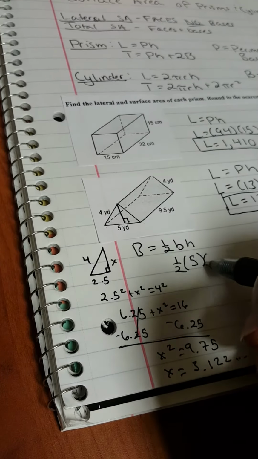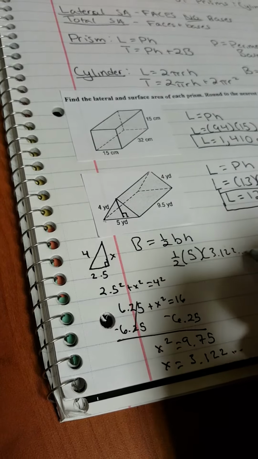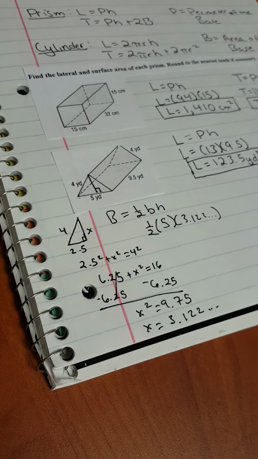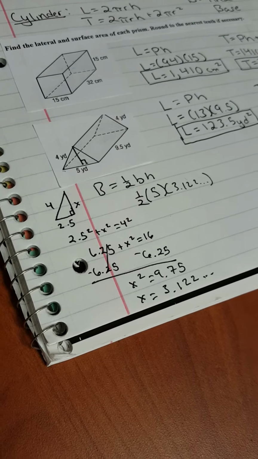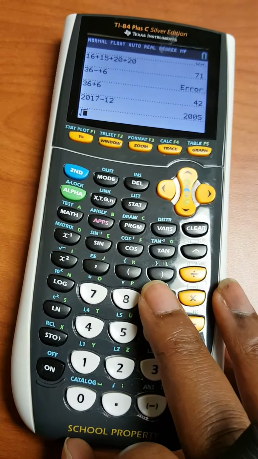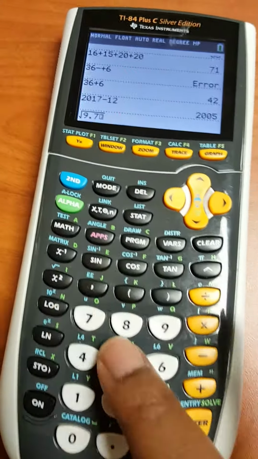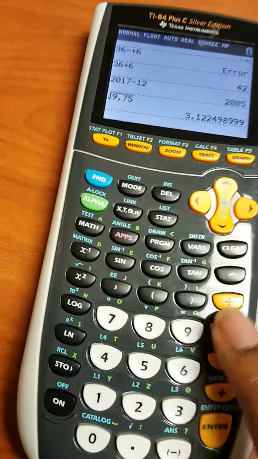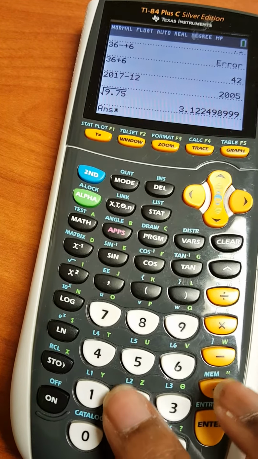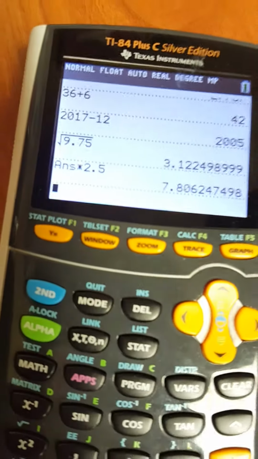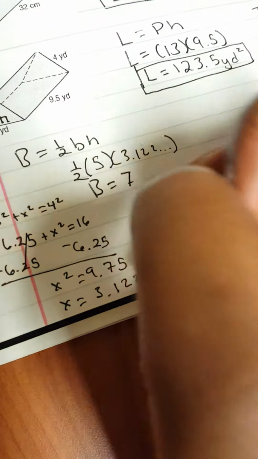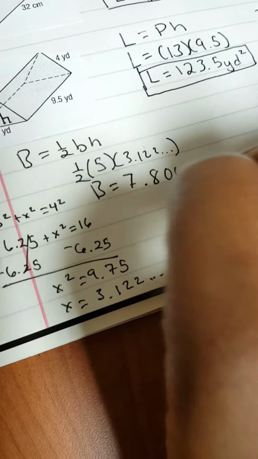Okay. Remember, I told you don't round to the end. So in my calculator, I'm not using the rounded answer. So square root of 9.75 times 1/2 and times 5. So that's going to give me a big B of 7.806 and some other numbers.